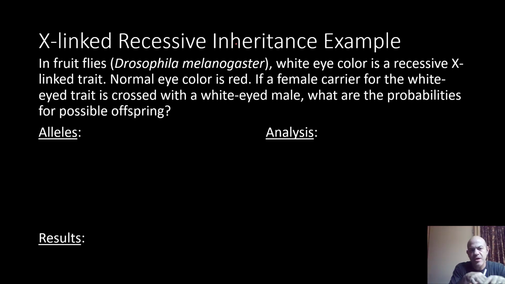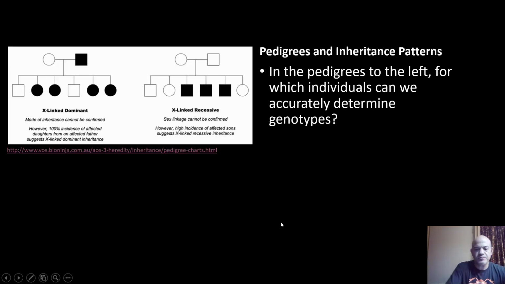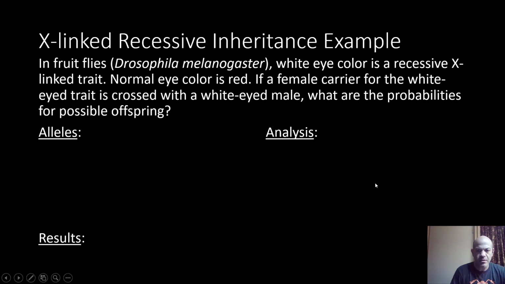In the next example, we're going to look at fruit flies, and fruit flies have a similar sex determining system with an X and Y chromosome determining sex. So both X's would be female and XY would be male, just as we see in humans. So we need to look at defining our alleles as before.